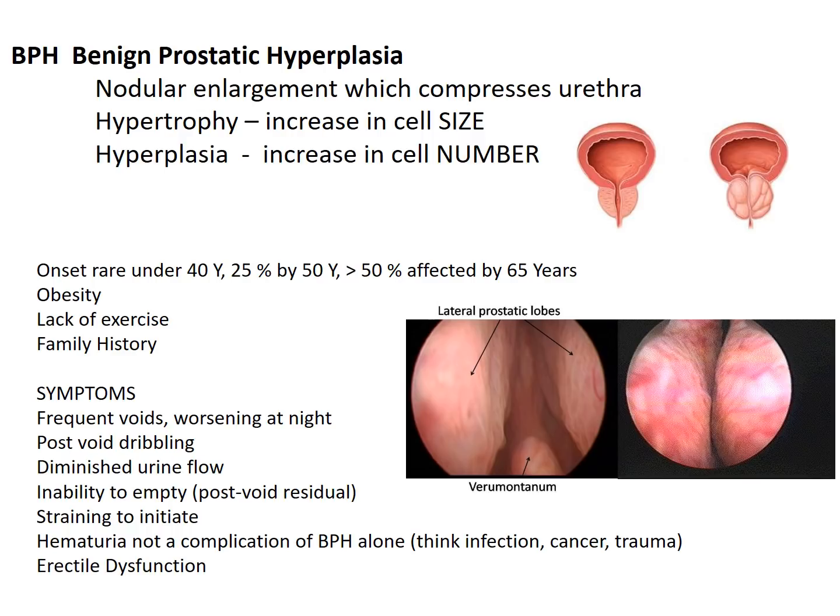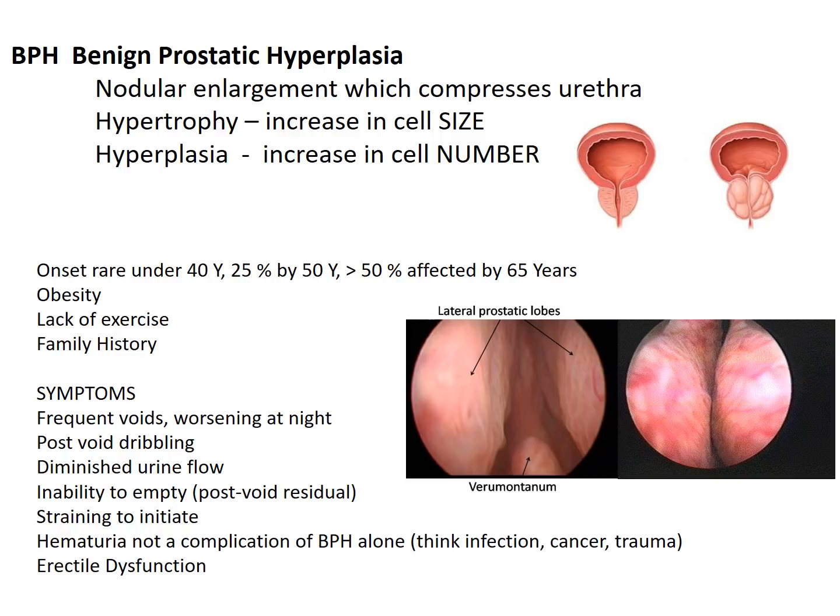Hematuria alone should not be a complication of BPH. An individual, a male with gross hematuria, you know, start thinking cancer, infection, trauma. You can have BPH, a man can have symptomatic BPH, but should not be having gross hematuria unless something else is happening. And then BPH can also be a complication of erectile dysfunction.